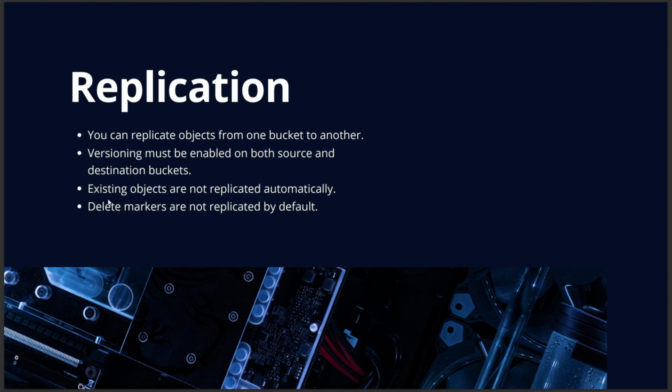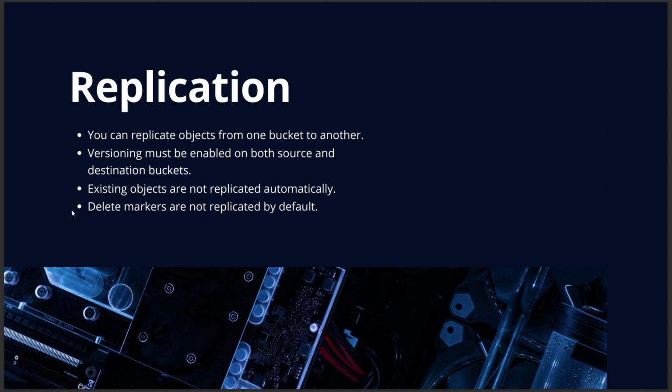Another point to remember is that existing objects are not replicated automatically. By default, replication is not enabled whenever you create an S3 bucket. So for example, if you upload 10 objects before you create a replication rule, those 10 objects will not be automatically replicated to the new bucket.